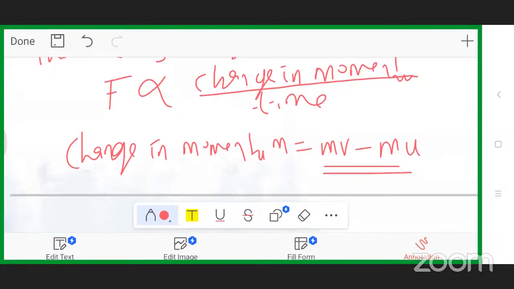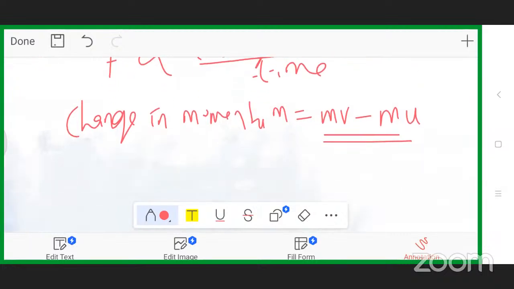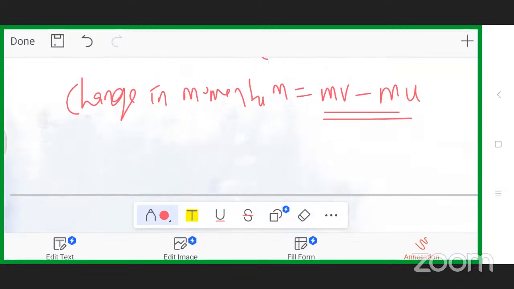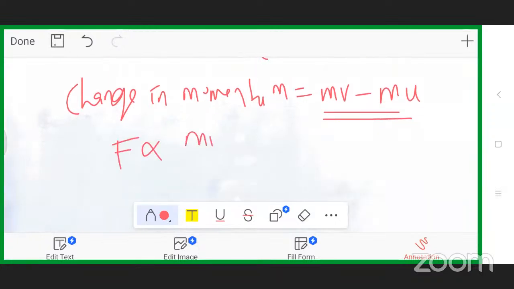So we can now write our relationship in a much better way. Our F is proportional to mv minus mu over t. I want us to focus on the right-hand side, and we see something familiar.